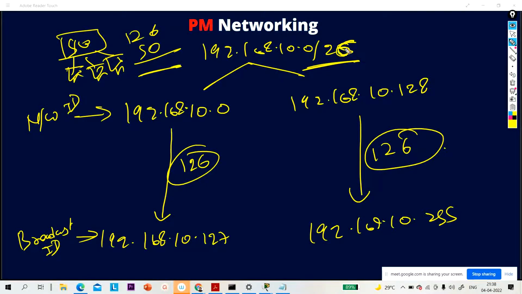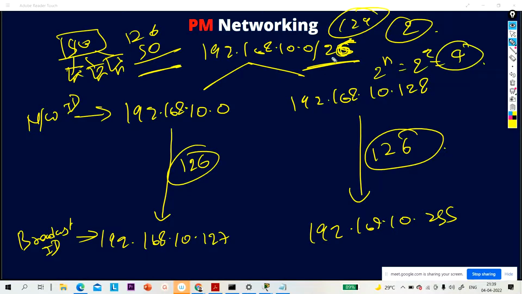If I use CIDR value 26, that means by default the CIDR value is 24, so I have borrowed 2 bits from my neighbor. So how many networks will there be? 2 to the power n, so 2 to the power 2, I will get 4 networks.